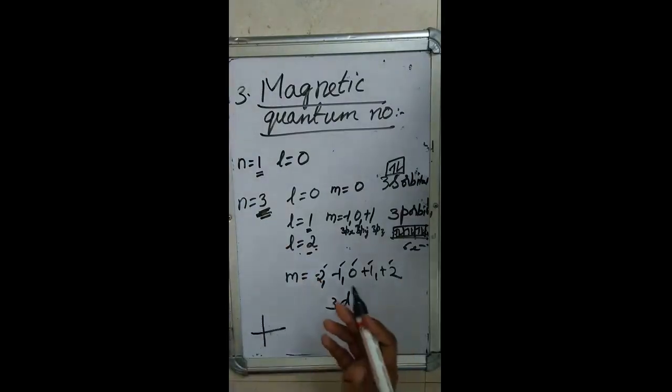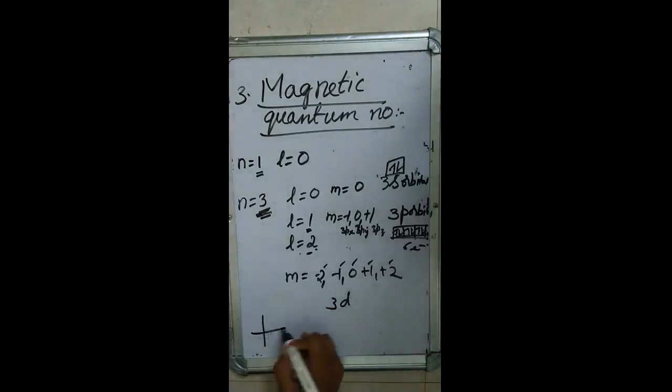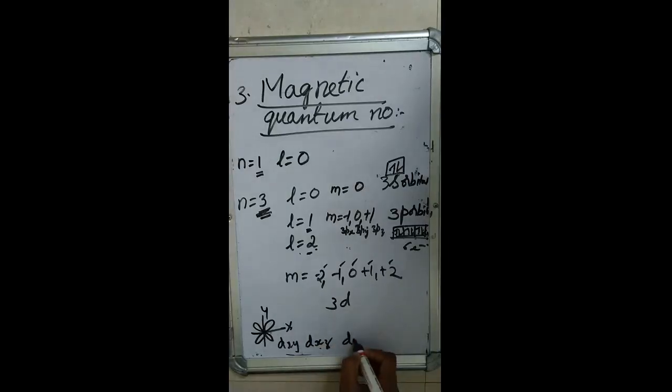Go back and see the previous video about the shapes of atomic orbitals. In the double dumbbell shape, the lobes are arranged between the x and y axes, so it is called dxy. Then dxz, where lobes are arranged between x and z, then dyz, dx square minus y square, and dz square. So a total of 5 d orbitals are present.